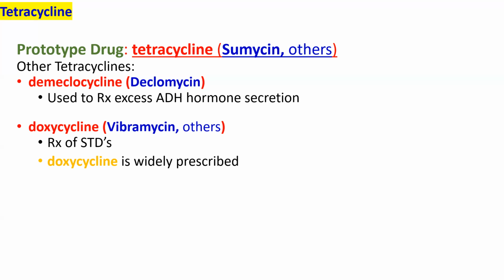That's in SIADH, syndrome of inappropriate antidiuretic hormone, an endocrine disease affecting the posterior lobe of the pituitary gland. It would be a treatment for SIADH to increase diuresis, because patients with SIADH will retain fluids.